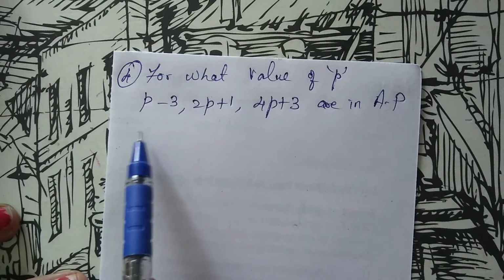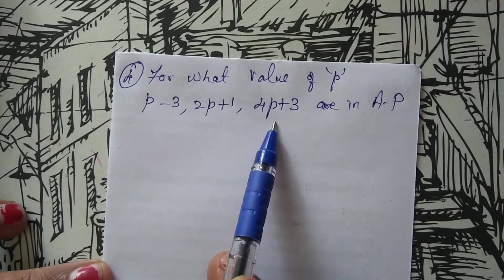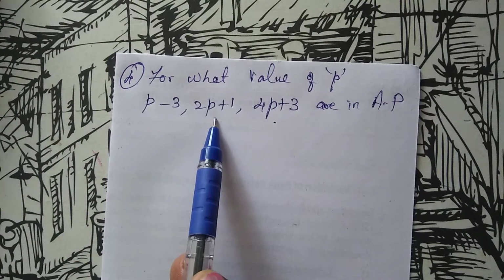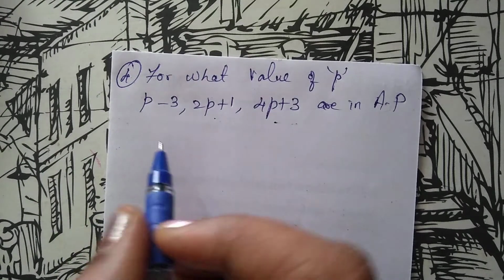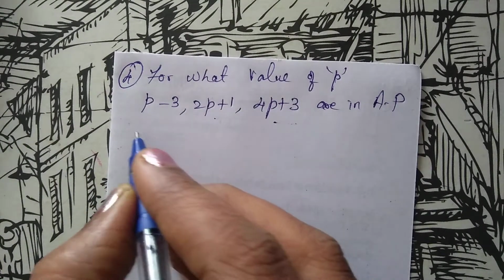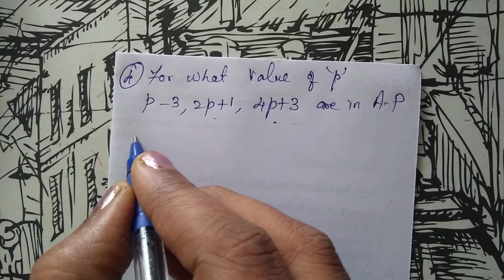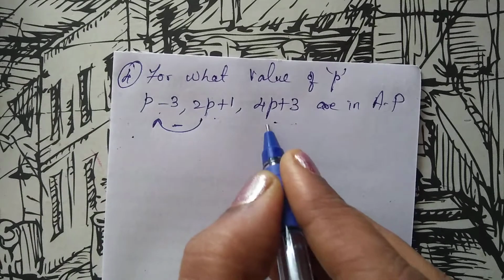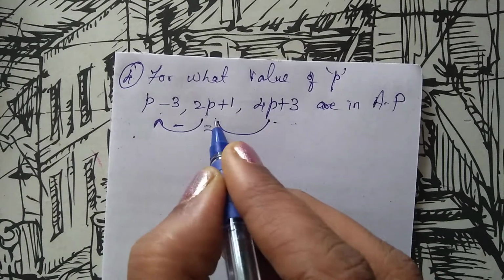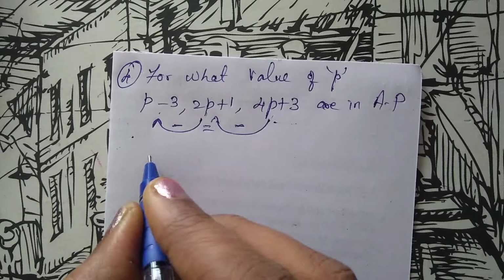Okay, so they have given that these three are in AP. So you have to find the value of P so that these three terms will be in AP. Since to be in AP, we can find the common difference: this minus this should be equal to this minus this.